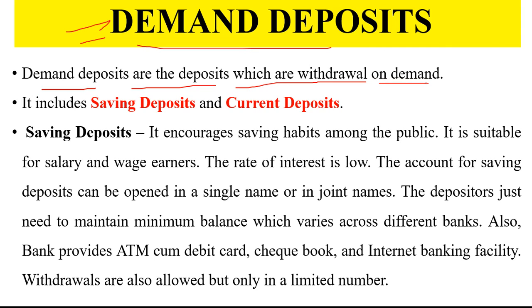Whenever the customer needs money and has an account with the bank, he can visit the bank and withdraw the money as per his need. Demand deposits include two types: savings deposits and current deposits.